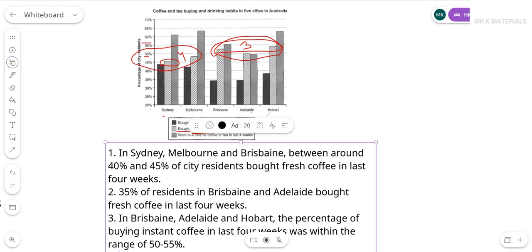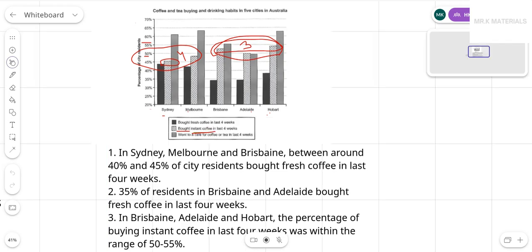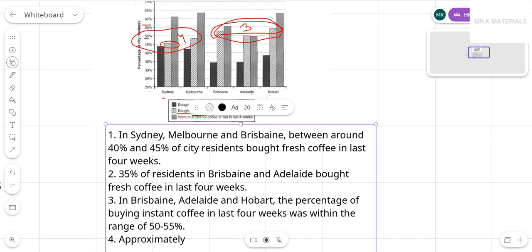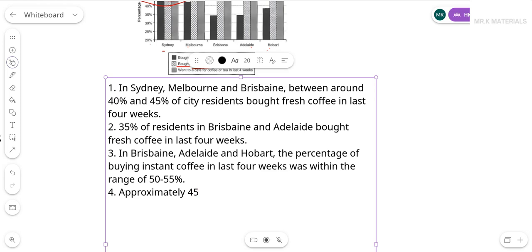All right, fourth key feature. I'm talking about Sydney and Melbourne. Here I will say it is around 40, 45, 50%, approximately, right? Approximately. How much did I say? 45, 50%.